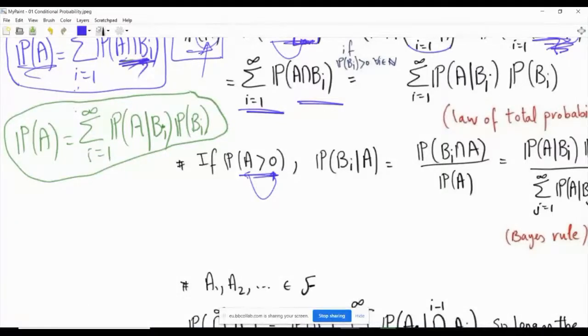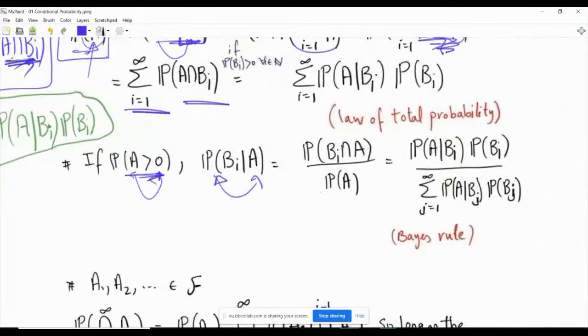So if the probability of A is greater than 0, then you can condition on A. And so you can take the Bi's and find the probability of Bi given A. We are able to condition on A because the probability of A is strictly positive. By definition, this will be the probability of the intersection divided by the probability of A. Now suppose also that the Bi's, like here, are each strictly positive. So this is strictly positive for every i.